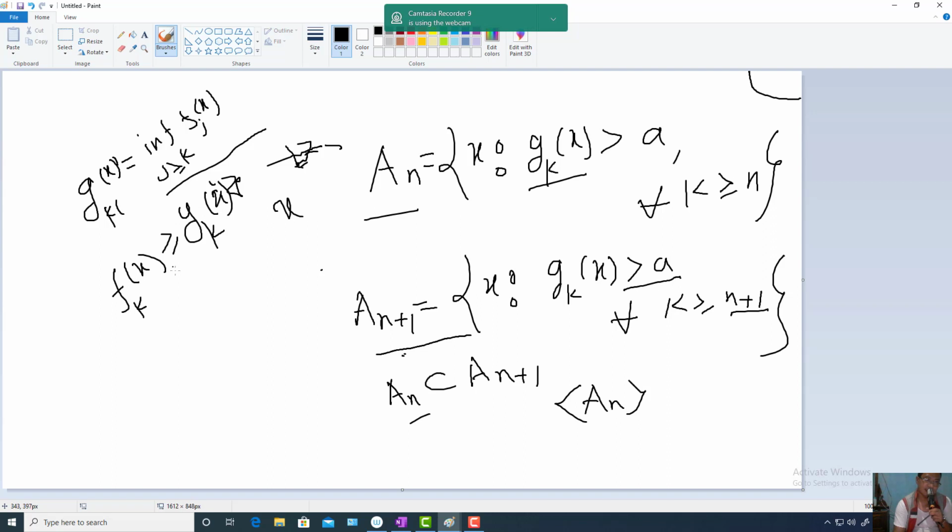So it is going to be greater than g_k(x). So if k is equal to n, then f_n(x) is greater than or equal to g_n(x). This is true. So every f_n(x) is greater than or equal to g_n(x). That is why we get this one.